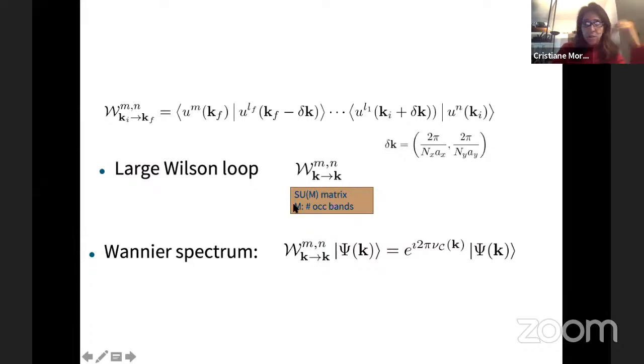You will have to use these SU(M) matrices where M is the number of the occupied bands. Your delta k are defined here. And out of this, you can define then your Wannier spectrum. And once you have your Wannier spectrum, your Hamiltonian is such that you have the Wannier centers as the eigenvalues of your Hamiltonian. And once you have the Wannier spectrum, you can define the Wannier thermodynamic potential by summing over the Wannier eigenstates.